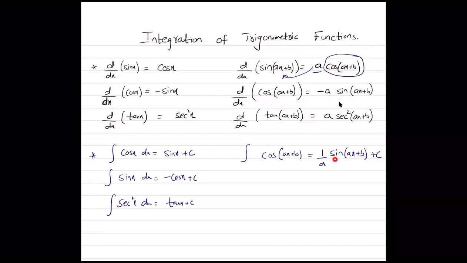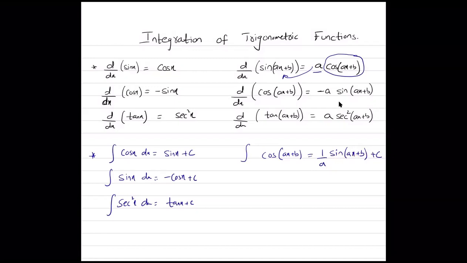This is one way of looking at it, or you can just remember that integration of cos ax plus b is sine ax plus b divided by the differentiation of the angle. This is the logical reason, and this is what you can just remember.